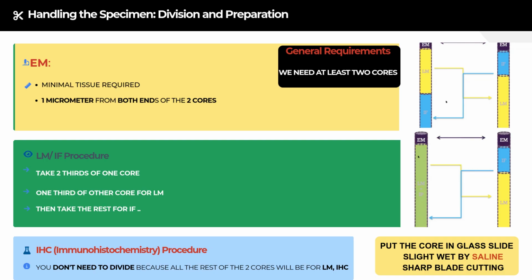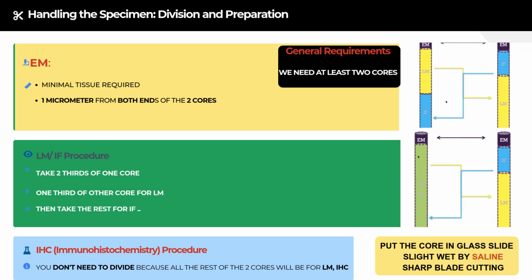In terms of division and preparation, at least 2 cores are required. For EM, only a very small amount of tissue is needed, about 1 millimeter from both ends of the two cores. If immunofluorescence is planned, allocate 2/3 of one core and 1/3 of the other core, like this, 2/3 from here and 1/3 from here, leaving the remaining tissue for light microscopy.